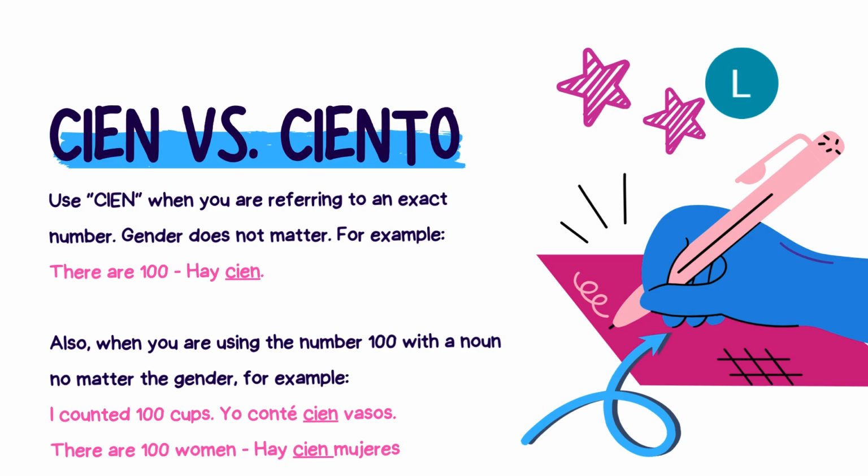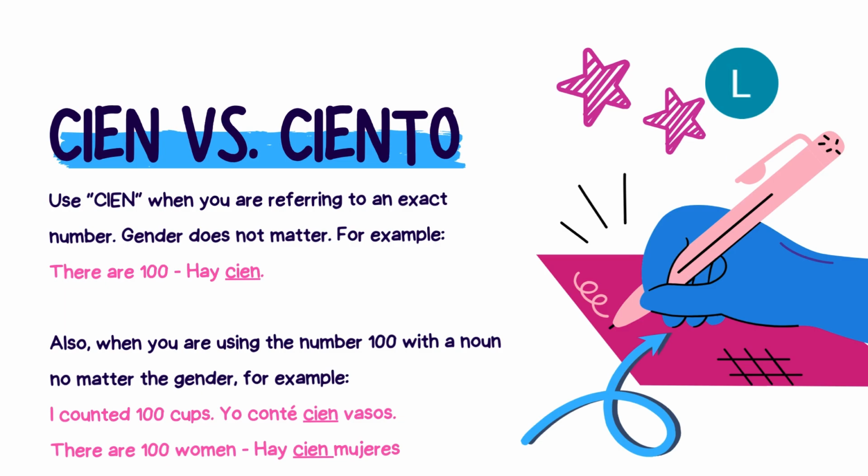Okay, so you heard me say cien for 100, and then you heard me say 101, 102, so on and so forth. So let's talk about the difference between cien versus ciento. We're going to use cien when you're referring to an exact number. The gender does not matter. For example, el cien. You can also use it when you're using the number 100 with a noun, which is why I mentioned gender does not matter.